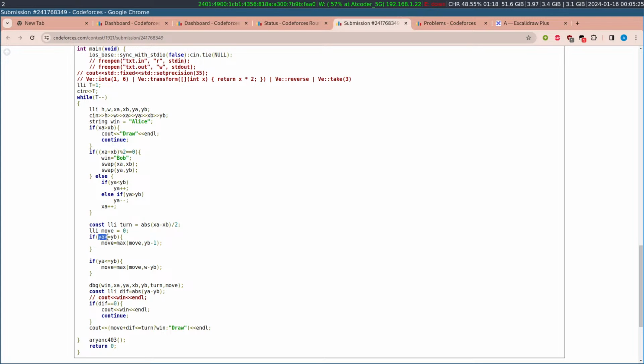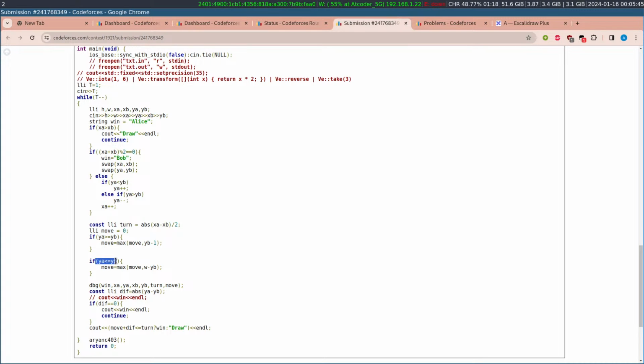So if XA is greater than or equal to XB, and here I have also added the difference of YA and YB. If the difference is 0, directly print the probable winner. He will just mirror it out. Otherwise, if YA is greater than YB, then the other person will have moved to the complete left-hand side, which would be YB minus 1.